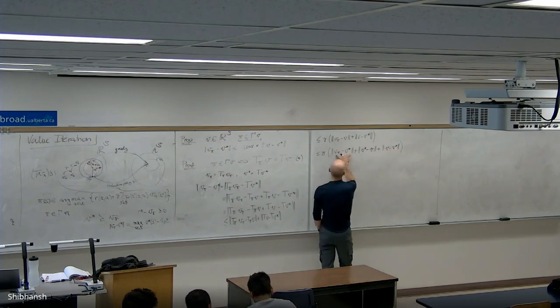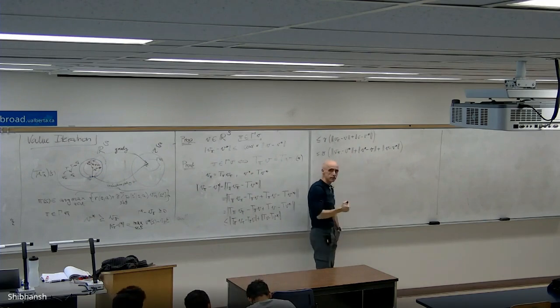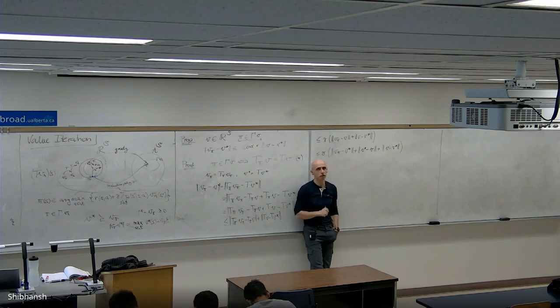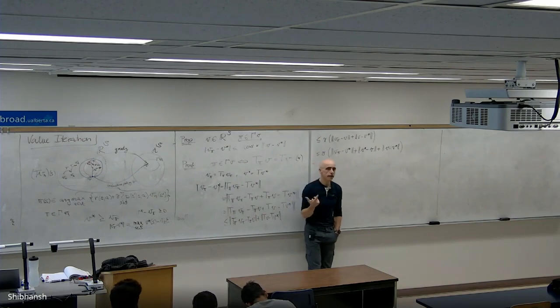We have this term, which is disturbingly on the right-hand side, but it's multiplied by a value smaller than 1. Gamma is smaller than 1. So we will be able to move it to the other side and still get a reasonable inequality, right?